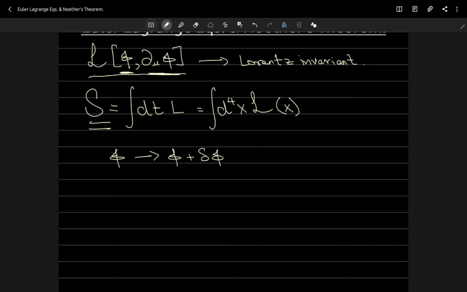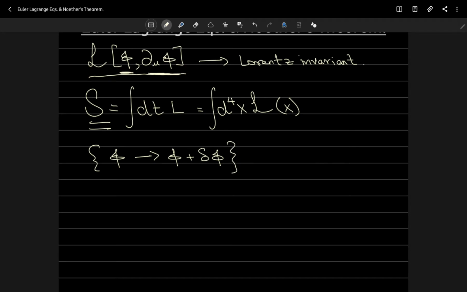The reason for this variation is that it is an infinitesimal continuous transformation of the field, and it produces what is called the infinitesimal symmetry in our equations of motion, which we will derive. So that's the reason we are going to make this sort of variation.